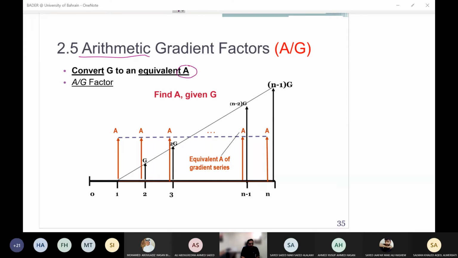I tell him okay, as a concept, if you want annual, put find A given G. But explain to me, what are you trying to do? I tell you, Badr, all of this is complicated to me. Just give me one single output.